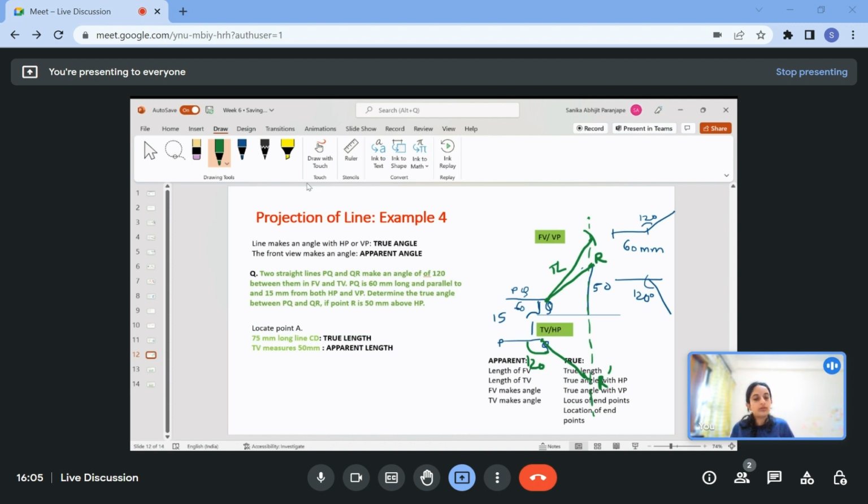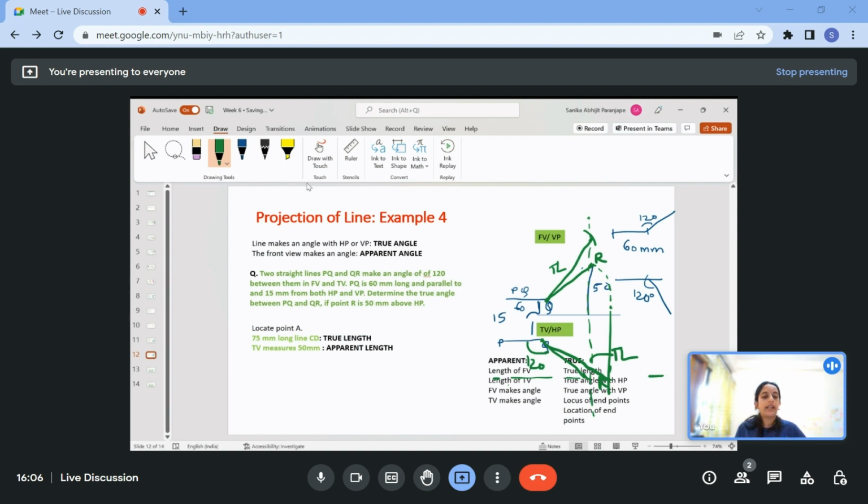So if I want to see the true length, I will rotate this projection so that it becomes parallel to the vertical plane. Or otherwise I can rotate this R also here, and I know the locus. So this was one locus. I'll join this, I'll get the true length.